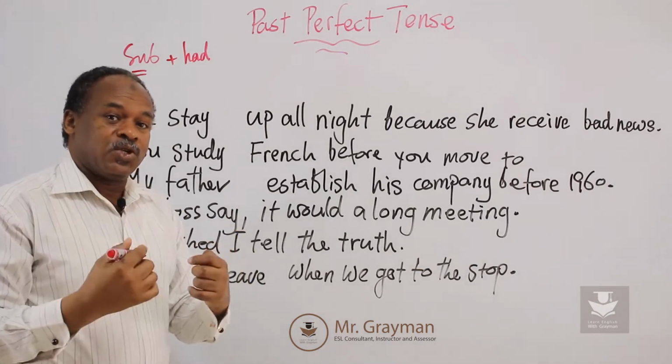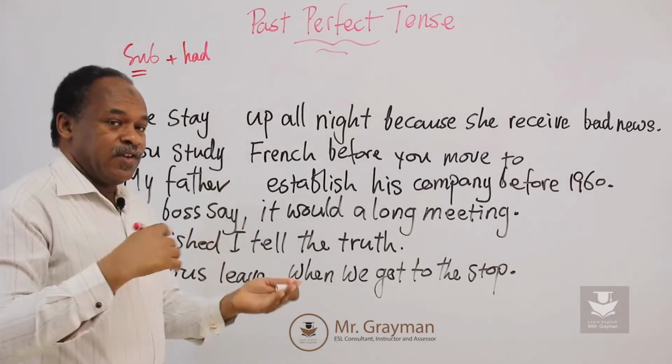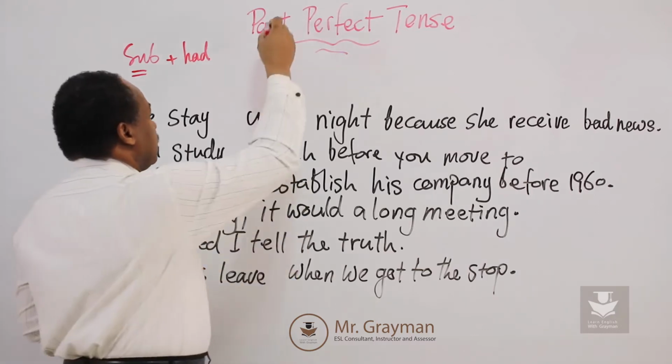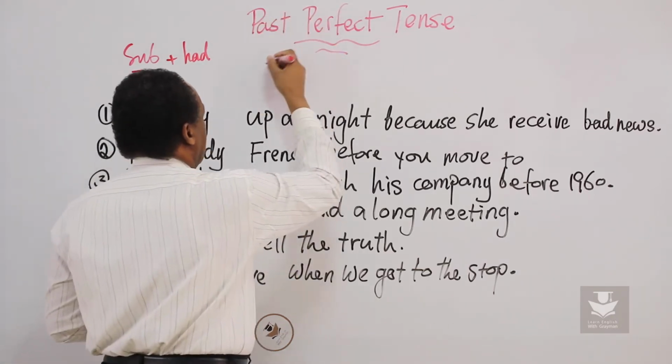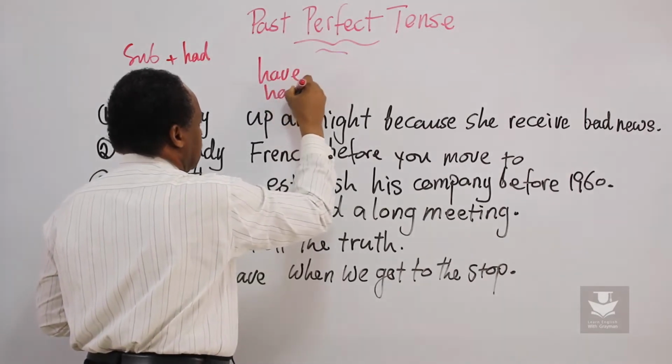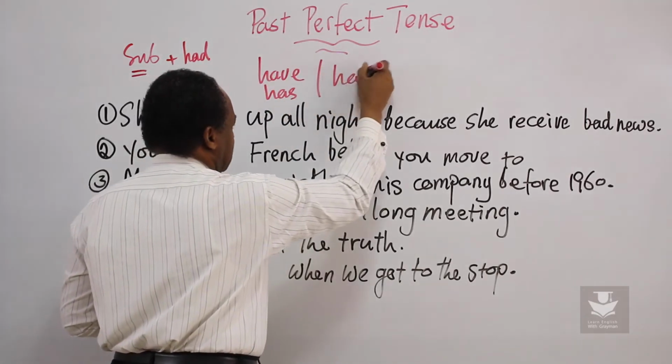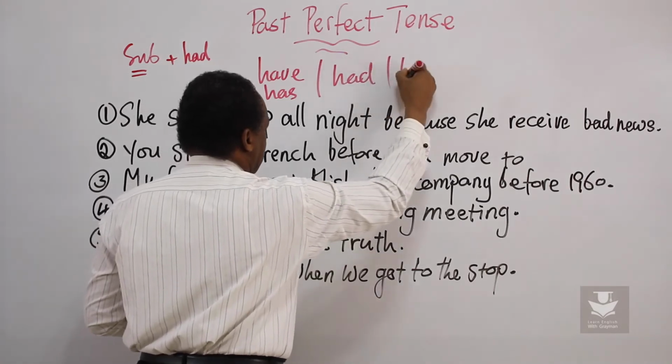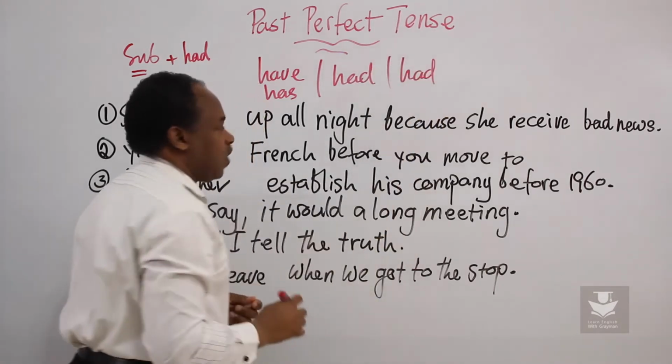In order to make sure that we do not confuse have and has, we have to look at this. Have or has, what is the past? The past is had. And what is the past participle? It is had as well.